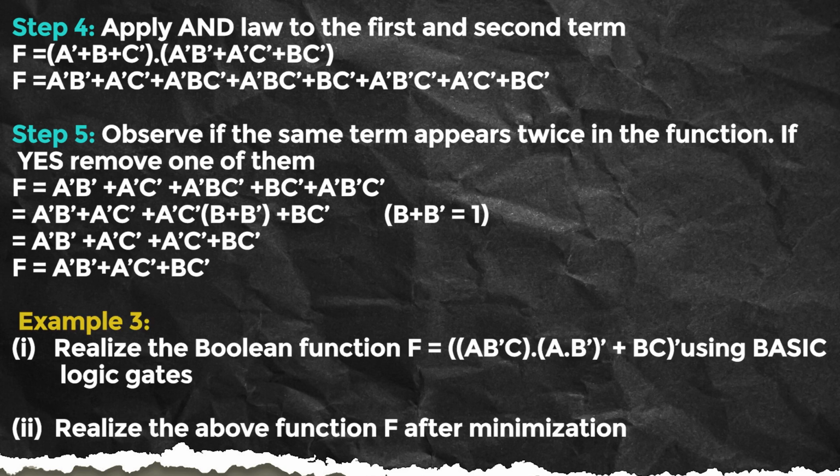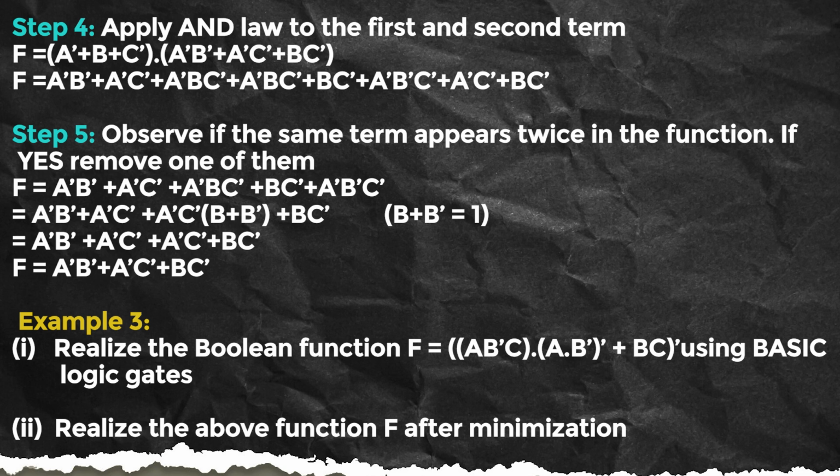So we can write this as A bar B + A bar C bar + A bar BC + A bar BC bar + BC bar + AB bar C + A bar C bar + BC bar.